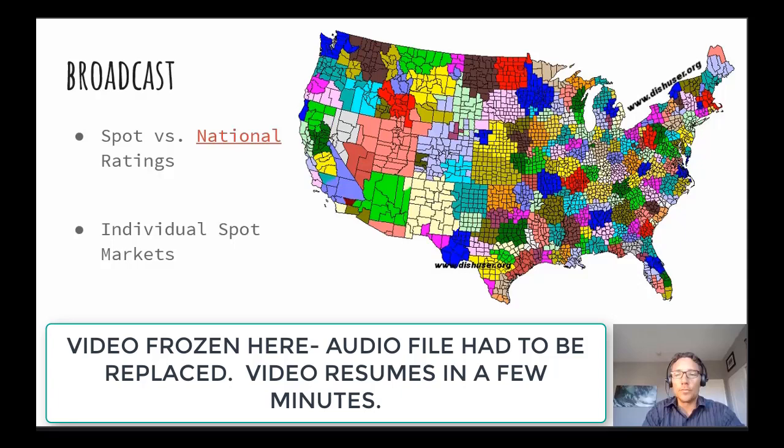So there is a point where it is more cost effective to do a national buy versus a spot buy, because if you add up all the individual TV markets, they are much more expensive to buy individually in a spot purchasing pattern than if you were to just buy it nationally.